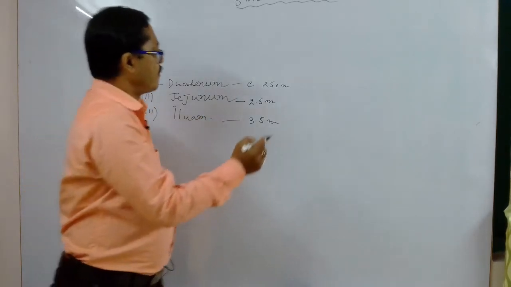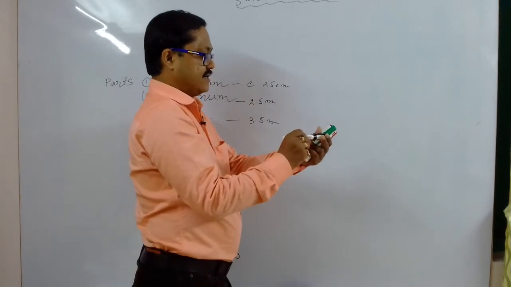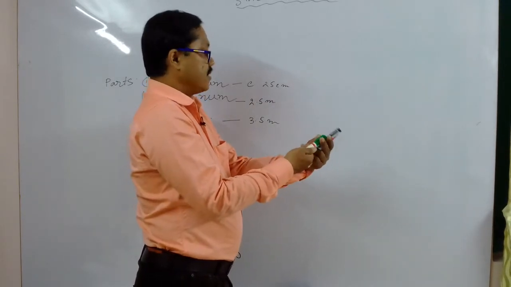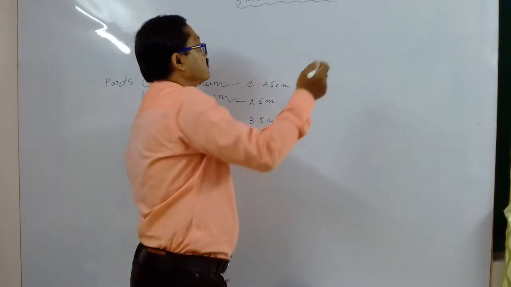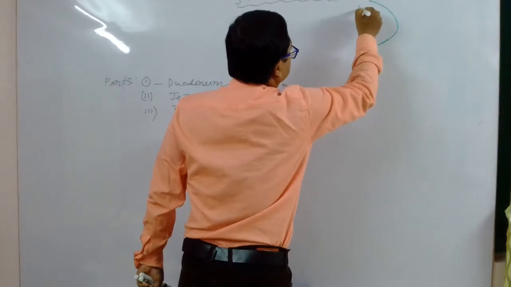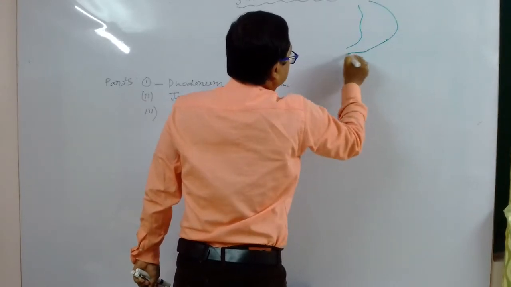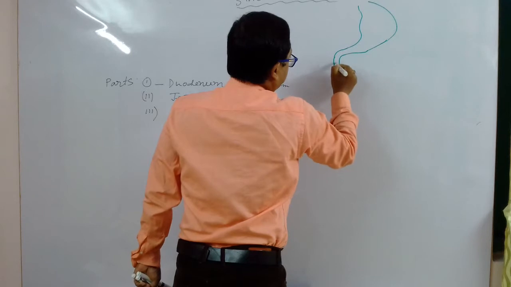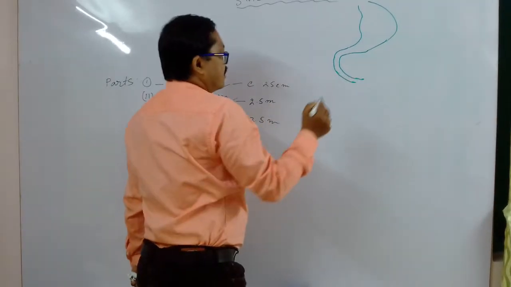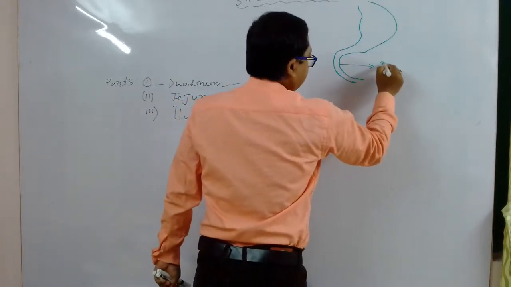Let's draw. The duodenum is a C-shaped structure present below the stomach. This is the stomach. This is the duodenum.